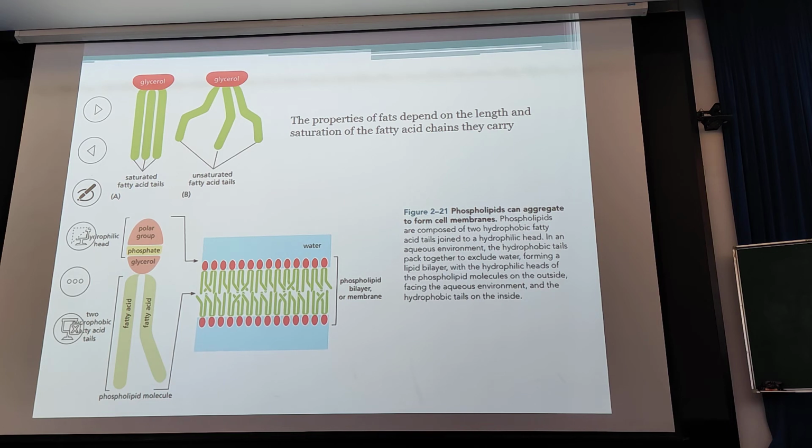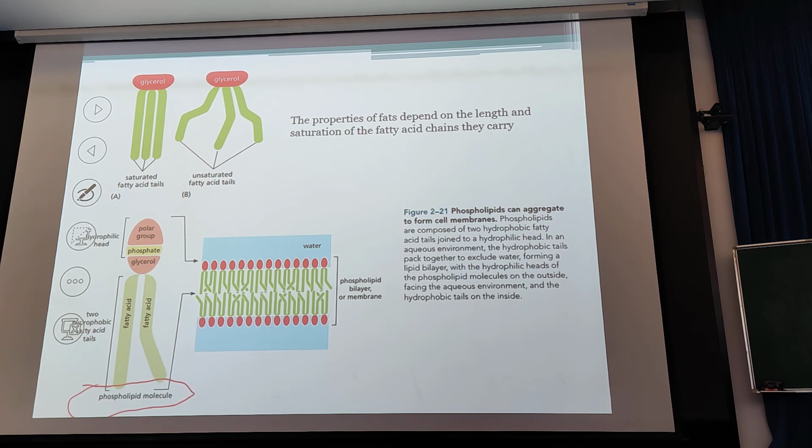And this is one very important lipid. This is the phospholipid. The phospholipid molecules are composed of two hydrophobic fatty acid tails joined to a hydrophilic head.